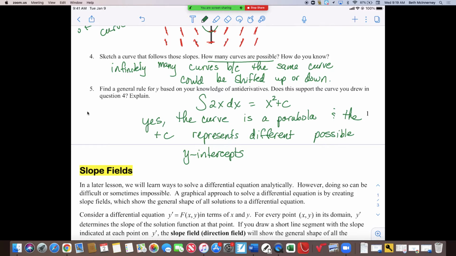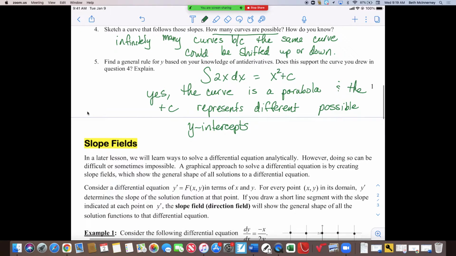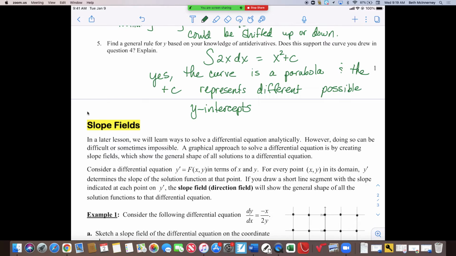So if you consider a differential equation, y prime equals f of x comma y, that's in terms of x and y, for every point (x, y) in its domain, y prime determines the slope of the solution function at that point. If you draw a short line segment with the slope indicated at each point on y prime, the slope field will show the general shape of all the solution functions to that differential equation.